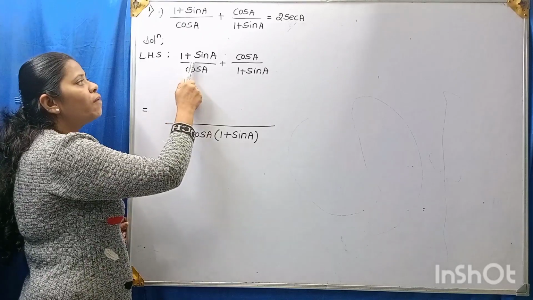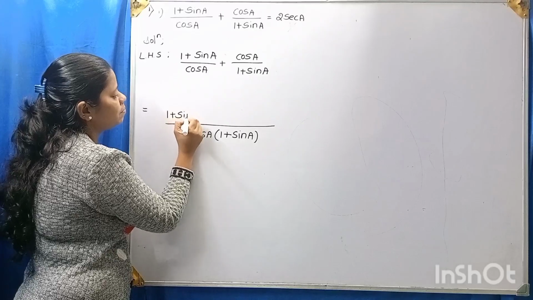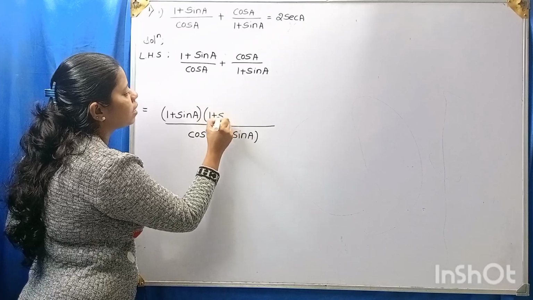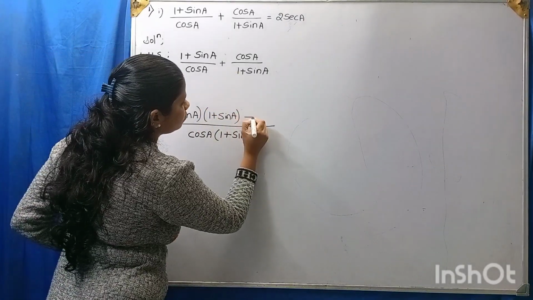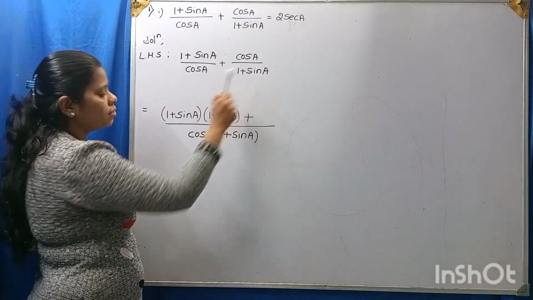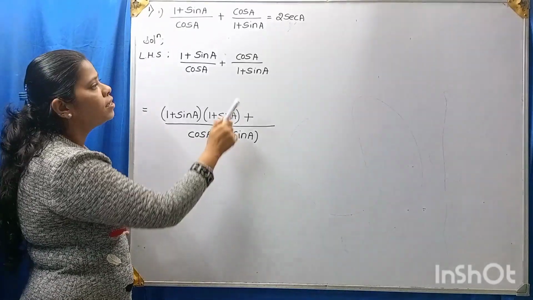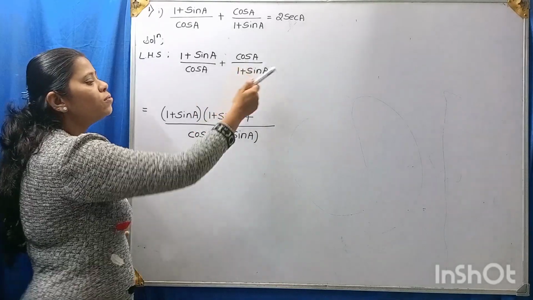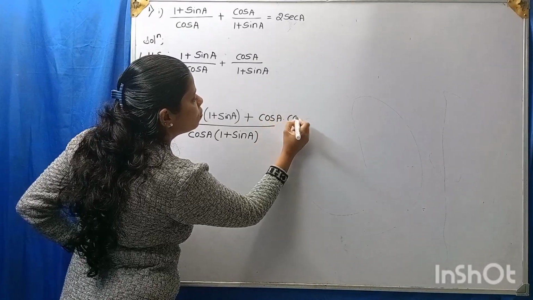Then it will become (1 plus sin A) into (1 plus sin A), plus. Here (1 plus sin A) is in the denominator, but our LCM is cos A into (1 plus sin A). So, here we will multiply it by cos A. Therefore, it will become cos A into cos A.